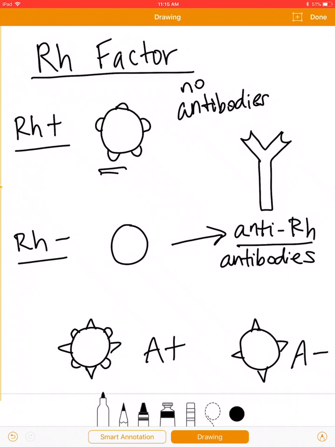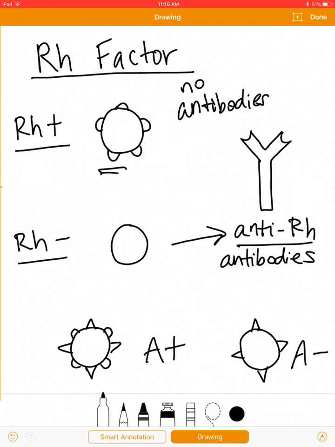Okay. Once she starts producing those antibodies, if she becomes pregnant again with another infant who is Rh positive, those antibodies that she produced can actually cross that placental barrier and can attack that fetus that she's carrying and can actually kill the fetus. Okay, so this is called Rh incompatibility, and it can cause a lot of problems there.